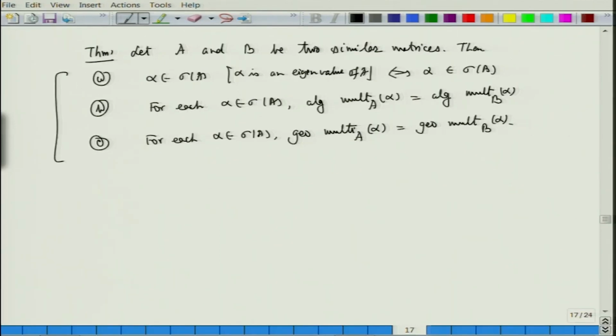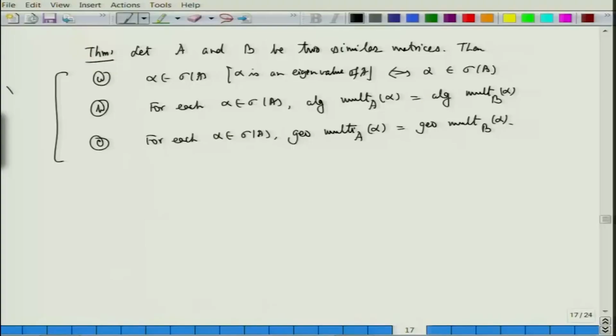So whenever I am looking at a similarity transformation, everything is nice, because I am multiplying by an invertible matrix, and that is more important. Multiplication by S and S inverse, that is what is going on. So let us understand it nicely again.